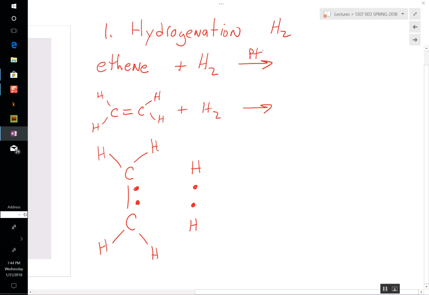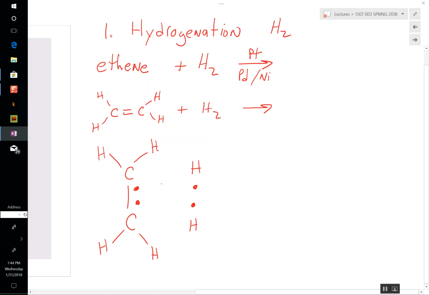It's usually platinum, palladium, or nickel. Compounds like chloroplatinic acid are hydrogenation catalysts. Palladium dichloride and nickel chloride are hydrogenation catalysts. You only need a little bit of them, fortunately, because platinum is very expensive, more expensive than gold. But it's used as a hydrogenation catalyst.